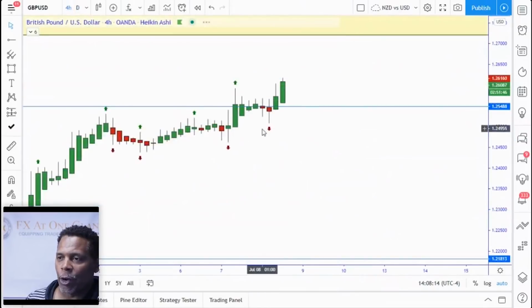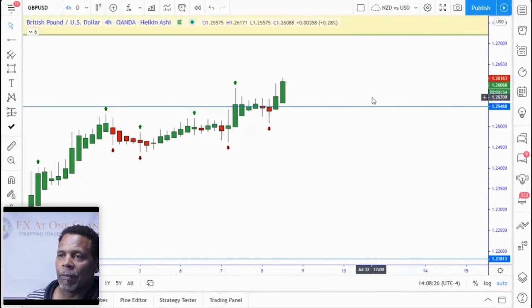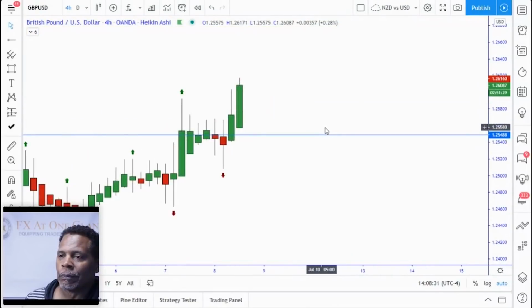So 4 hour, we know the next 4 hour candle could be a strong sell. All right, so we have to watch for the next candle close at 9 o'clock. And it's going to open right here.